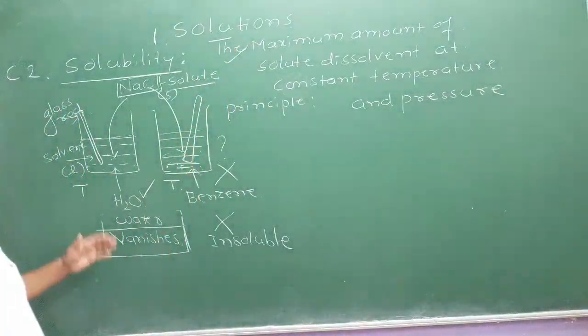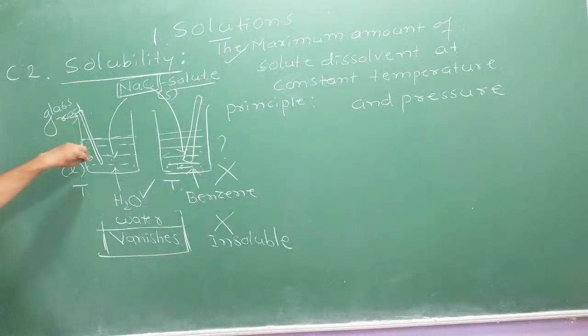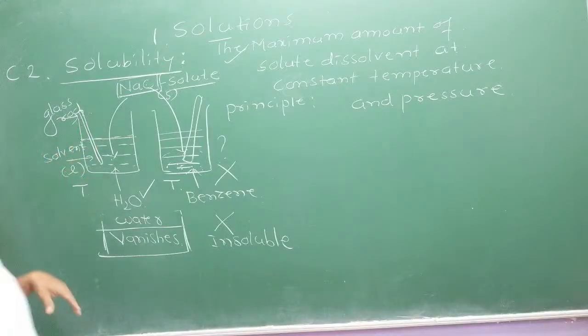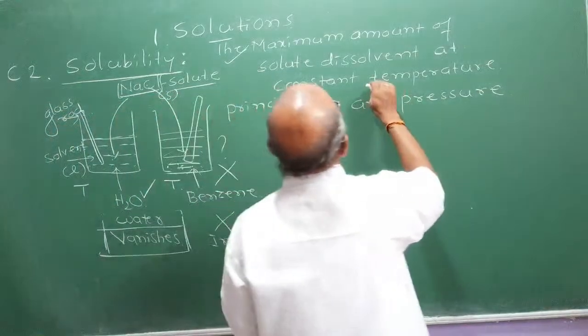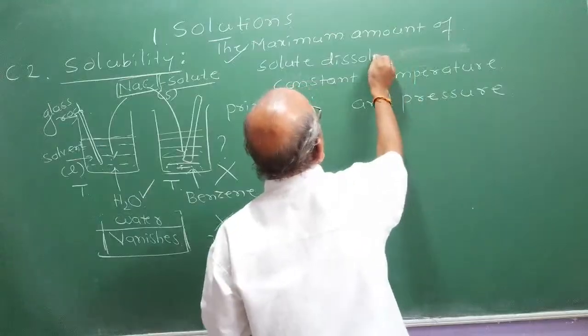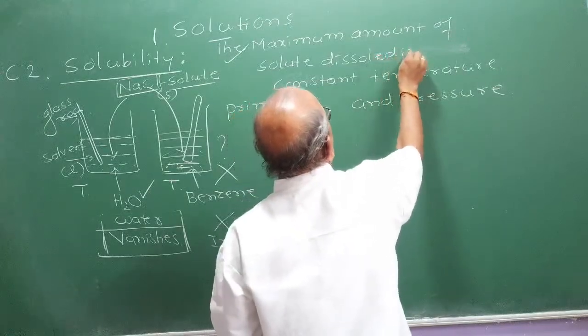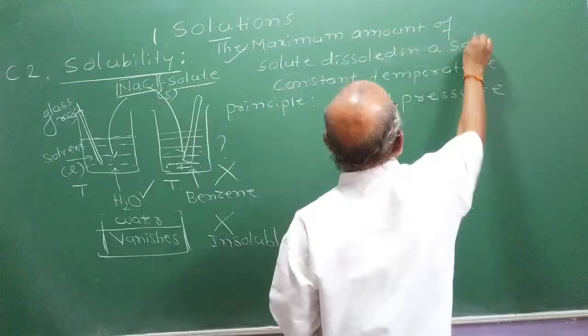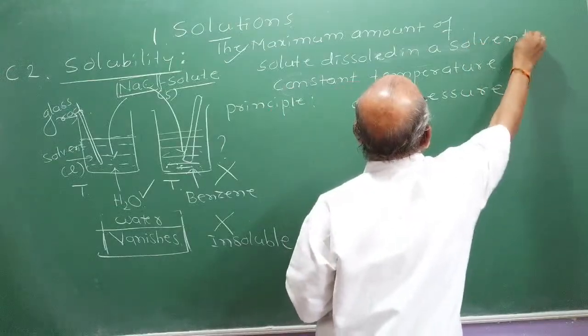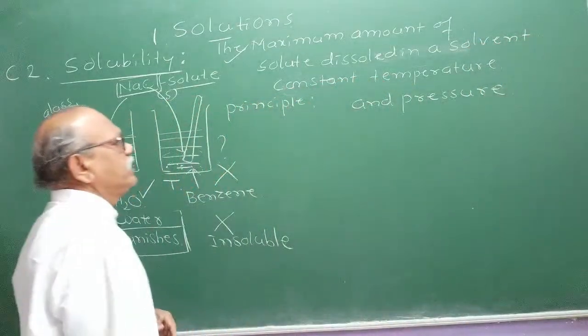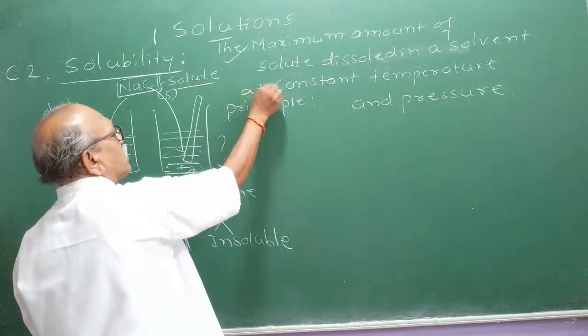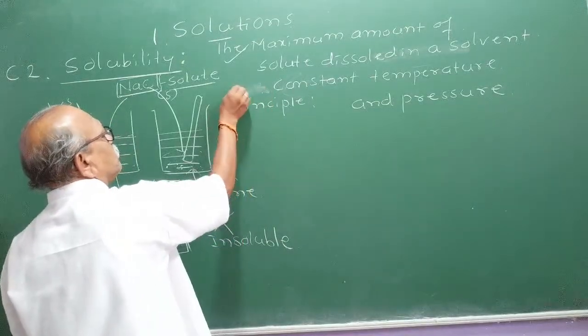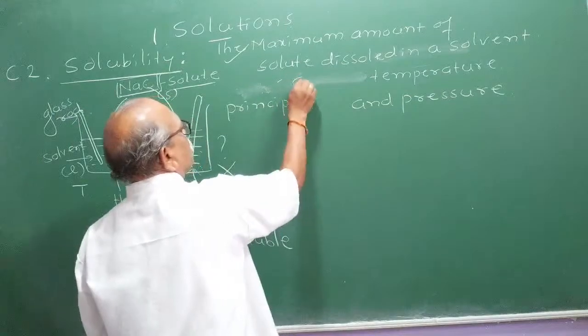What is solubility? The maximum amount of the solute dissolved in a solvent at constant temperature and pressure, or given temperature and pressure.